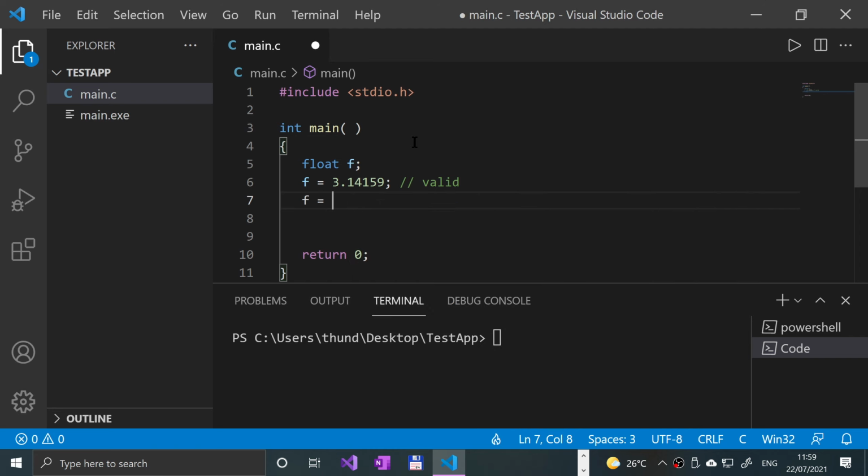If I say f equals 3141159, for example, and then I put e like that, dash 5l, that is an exponent and it is the same.